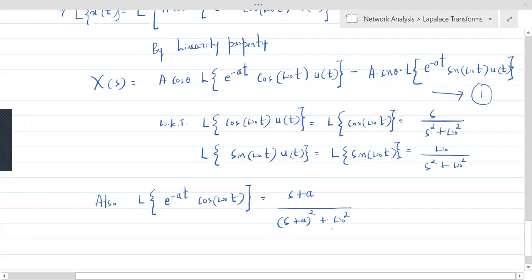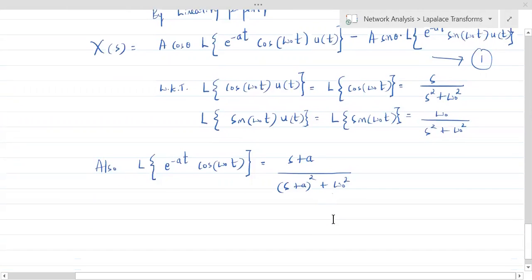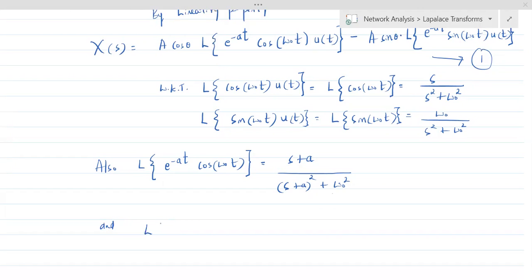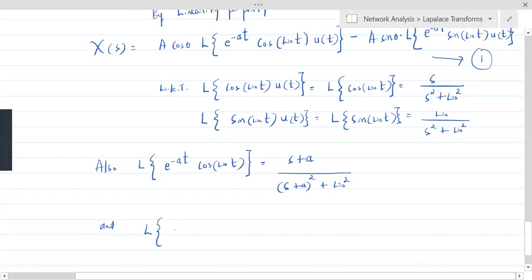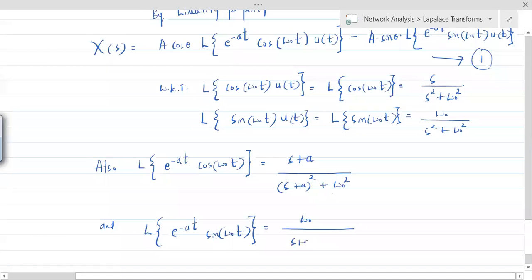Everybody understand that? Now, what would happen to e power minus at sine omega naught t? Wherever s is there, that needs to be replaced by s plus a. That's it. So it's omega naught divided by s plus a squared plus omega naught squared.